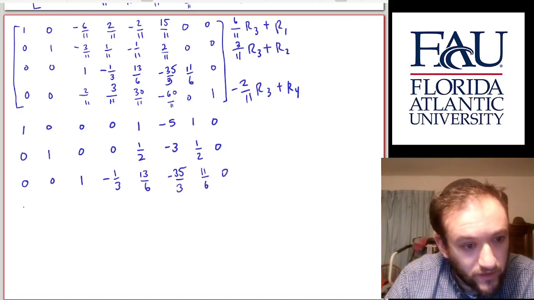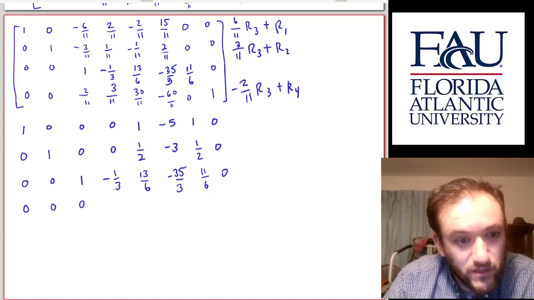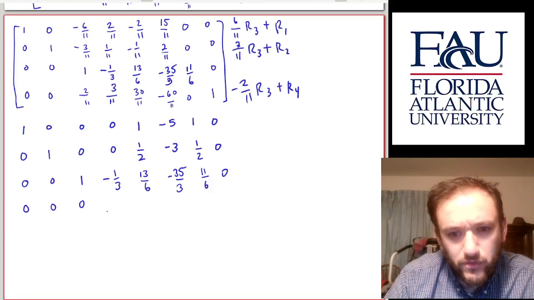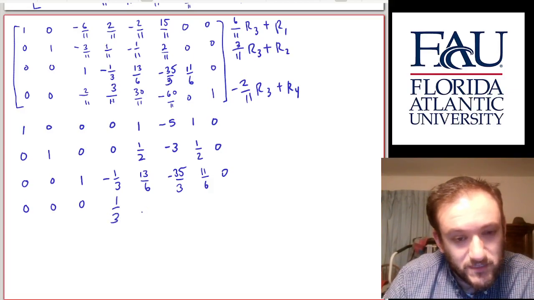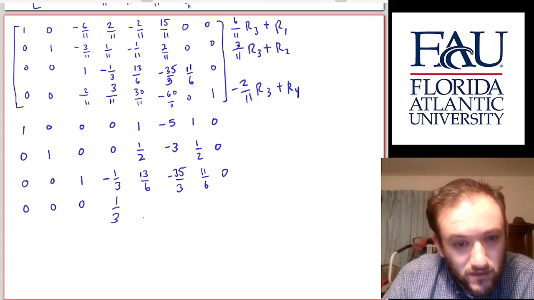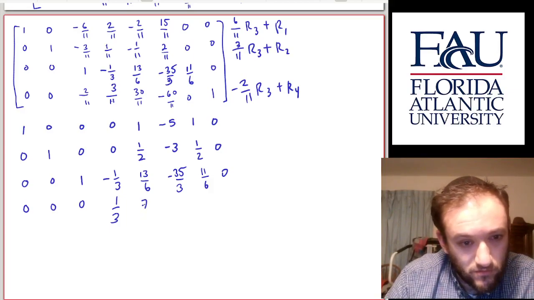Okay, final row gets an additional, we eliminate this entry, and then we have 2 over 33 plus 3 over 11 is 9 over 33, so it's 11 over 33, or 1/3. Then we get minus 13 over 33 plus 90 over 33, so that's 77 over 33, or minus 7 over 3.